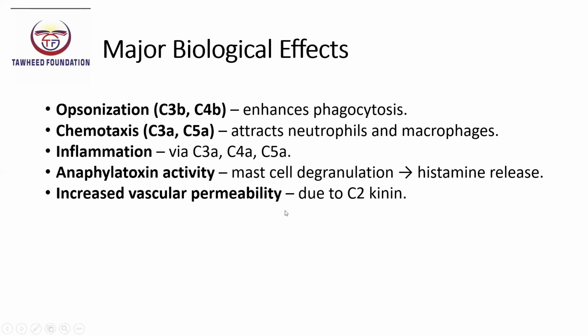Increased vascular permeability: C2 kinin, another complement product, contributes to increased permeability, allowing immune cells and plasma proteins to access infection sites. Together, these effects promote a strong and localized inflammatory response to help contain and destroy pathogens.